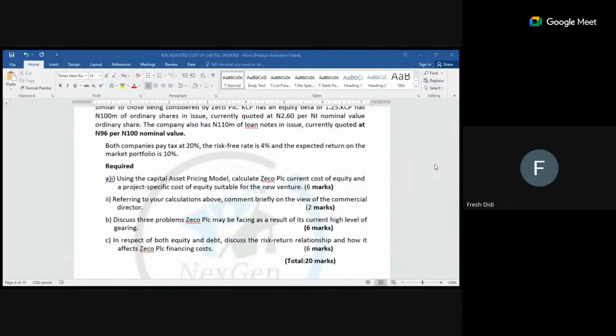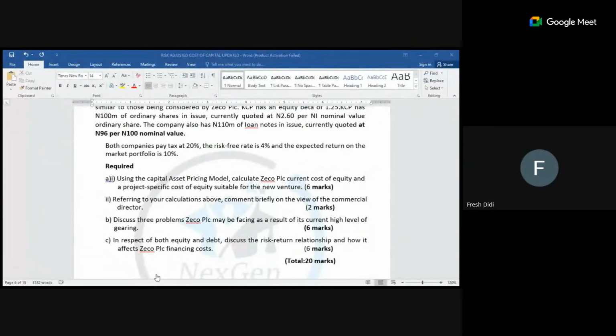Required. A, i, using the capital asset pricing model, calculate Zeco's cost of equity and a project specific cost of equity suitable for the new venture. Roman figure 2, referring to your calculation above, comment briefly on the view of the commercial director.